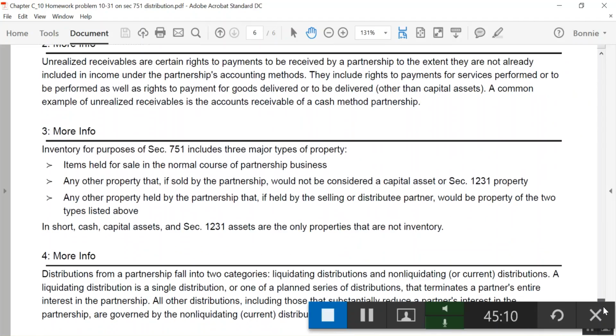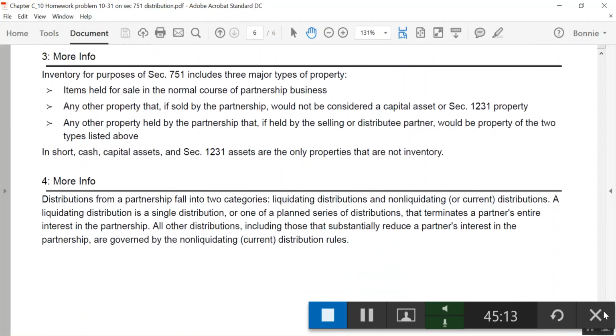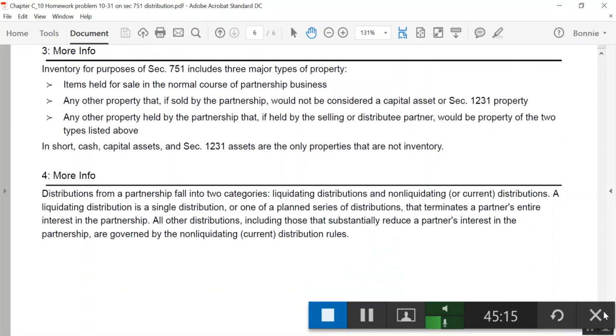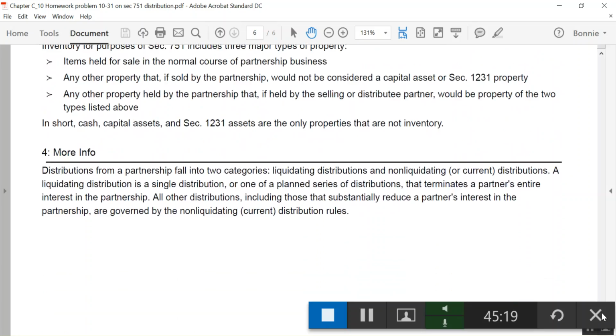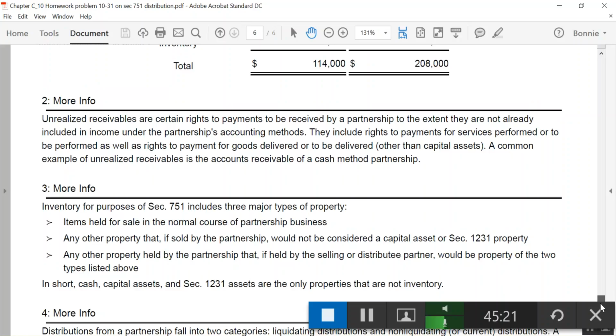Now, here's some more information that it gives you at the bottom here. These are footnotes about the definition of unrealized receivables.